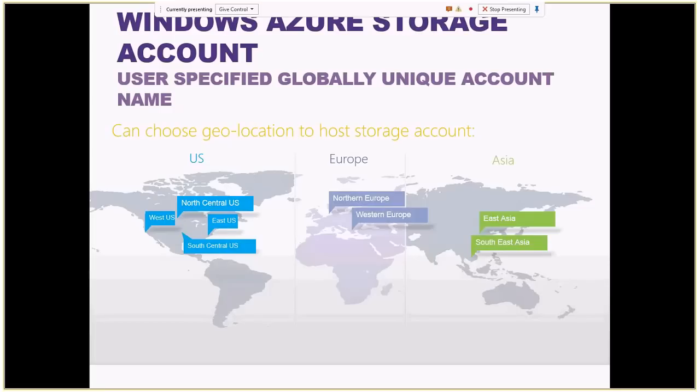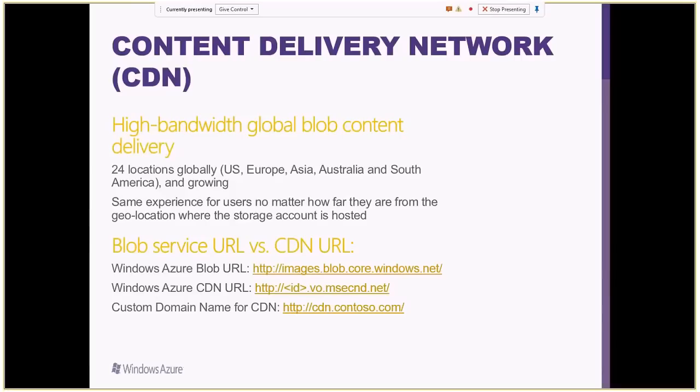And that leads us into the content delivery network for Azure. This provides you with a global solution for delivering high bandwidth content by caching blobs and static content of your compute instances at these caching locations throughout the world.